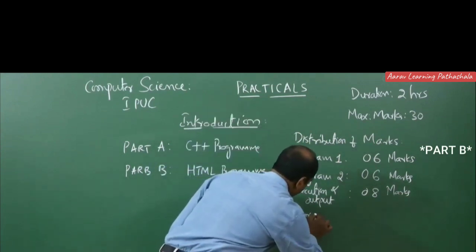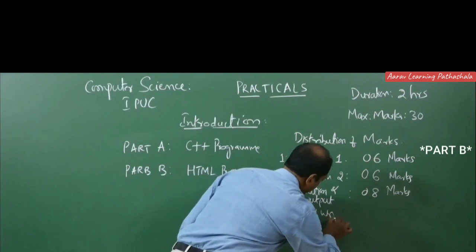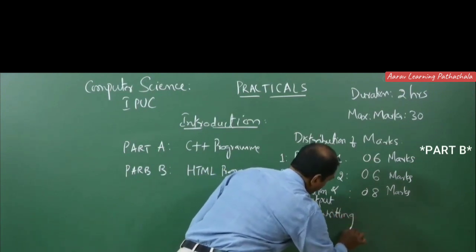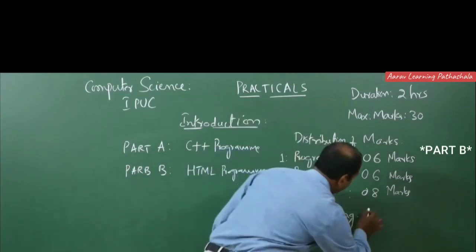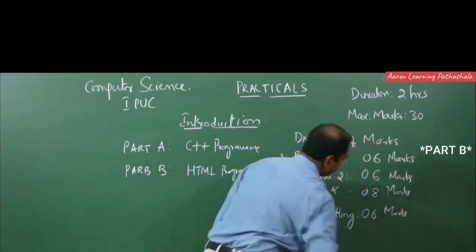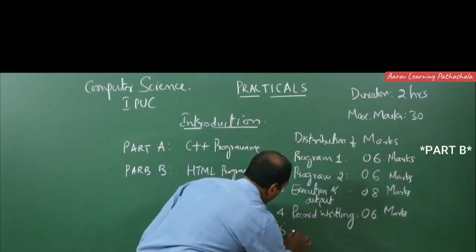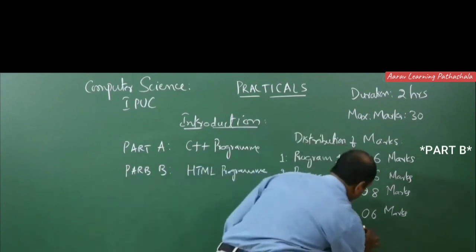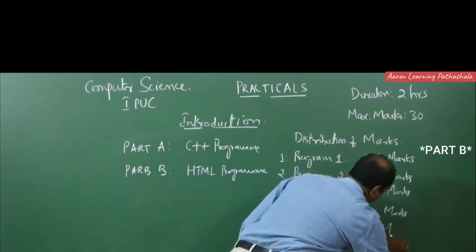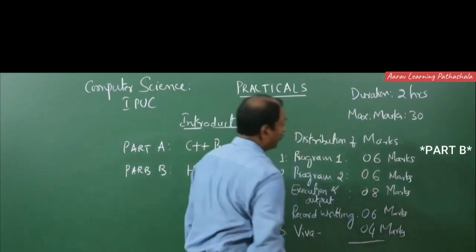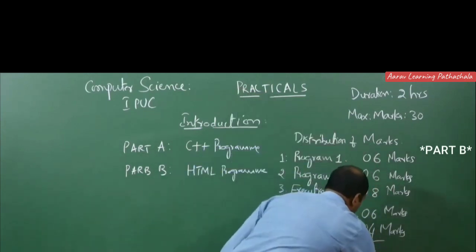Record writing, it carries 6 marks. And Viva carries 4 marks. Total marks is 30 marks.